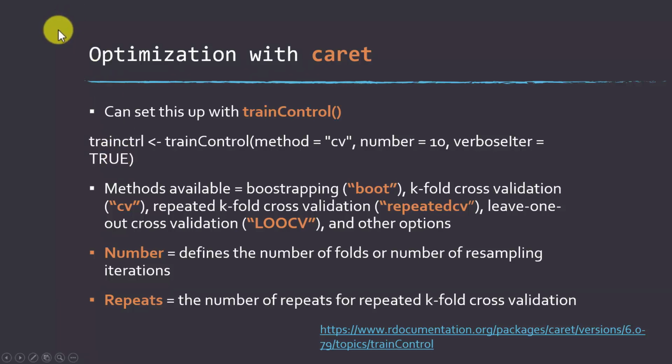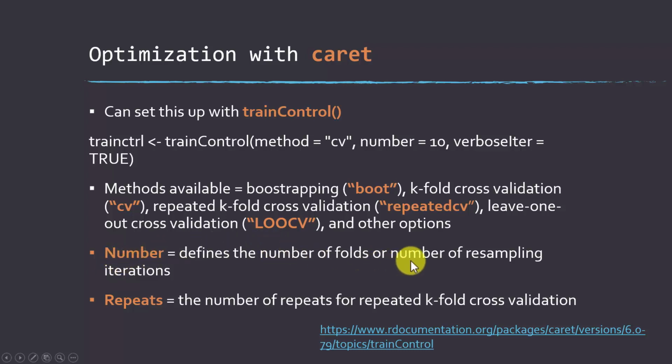There are different methods available inside of caret that can be called inside of this function. Bootstrapping is called with boot, k-fold cross-validation is called with CV, repeated k-fold is repeatedcv, and leave one out is LOOCV. If you're doing k-fold cross-validation, the number will define the number of folds.